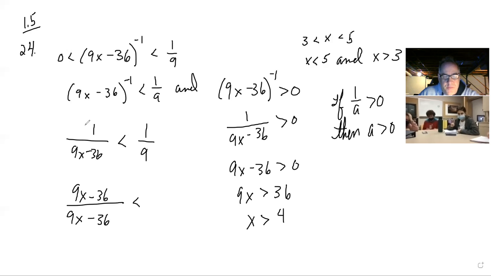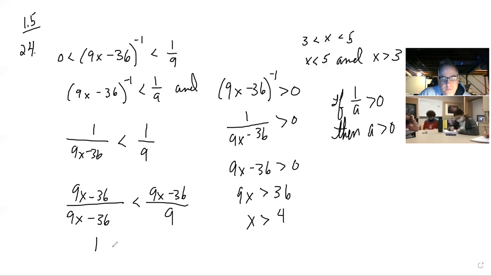So on this side, 9x minus 36 times 1, and then here as well, that's going to be 9x minus 36 over 9. By just multiplying both sides by the same thing, but specifically choosing 9x minus 36, that makes this again 1.